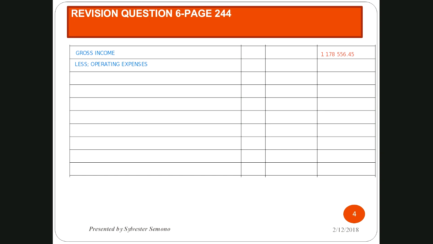The telephone and fax for April, which is our end period, has not been paid. We call this accrued expense. The question is, are we going to add or less? Number 5. Remember, that is accrued. We are going to add because it is our accrued, which is 2978.40. And then let me close brackets.